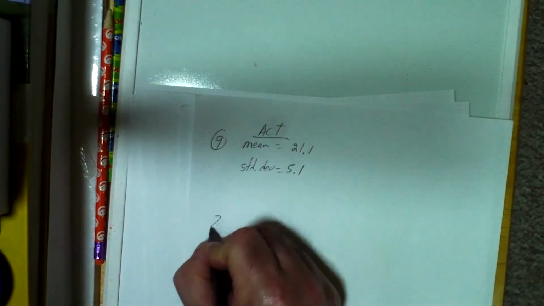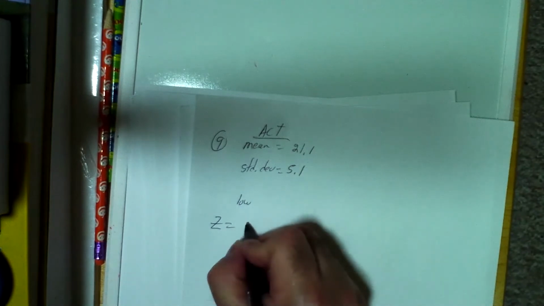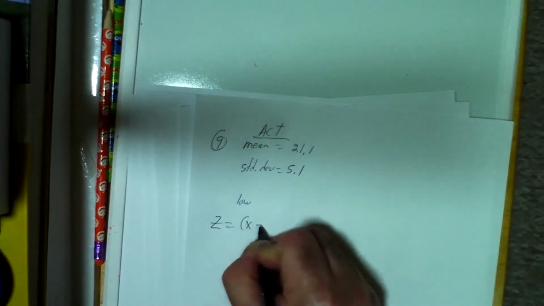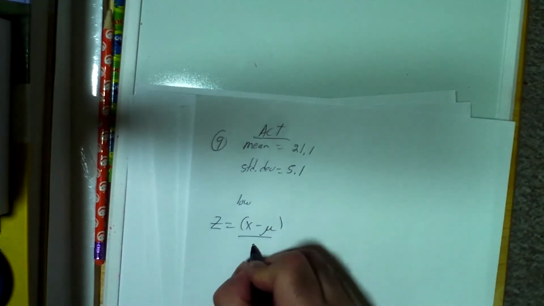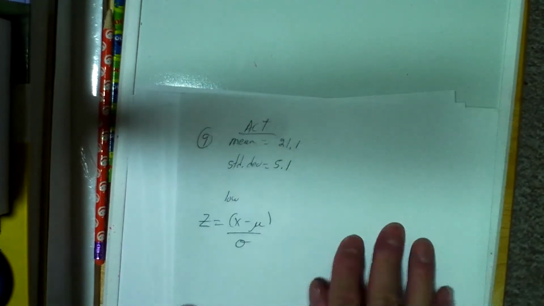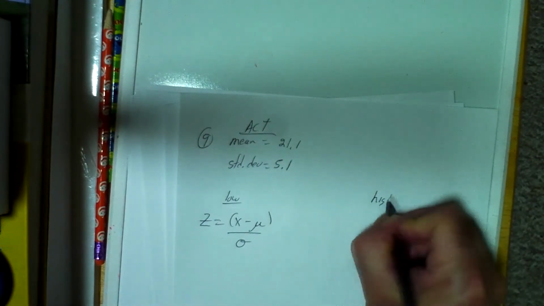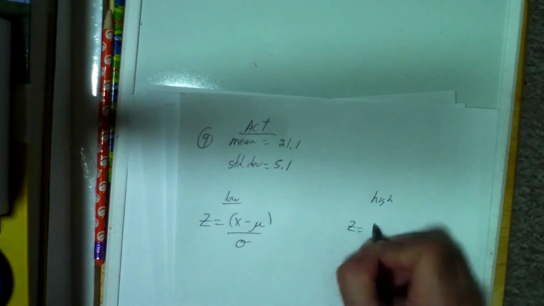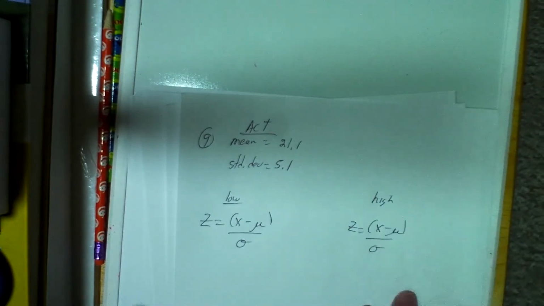You're going to write down the Z formula twice. We're going to do the low end: x minus mu over sigma, because I think they're doing all of the ACT scores. And then we're going to do the high, same formula: Z equals x minus mu over sigma.